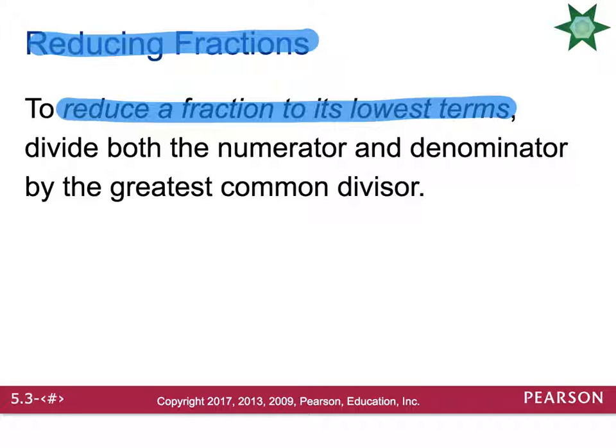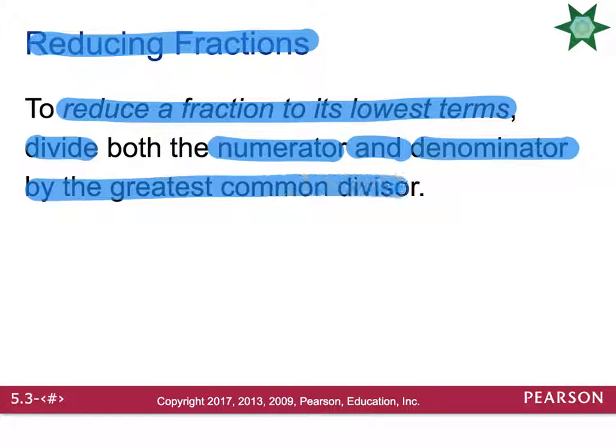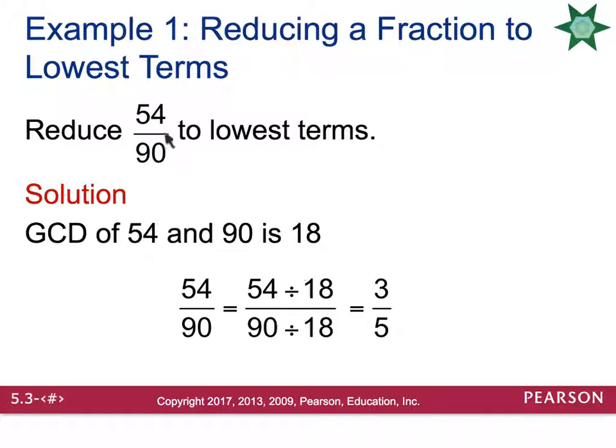We do that by dividing the numerator and the denominator by the greatest common divisor. We looked at greatest common divisor before. Now we're going to use it to reduce fractions. So we're going to divide the top and the bottom by the same number to get the fraction in a reduced form. Here's an example of 54 over 90.